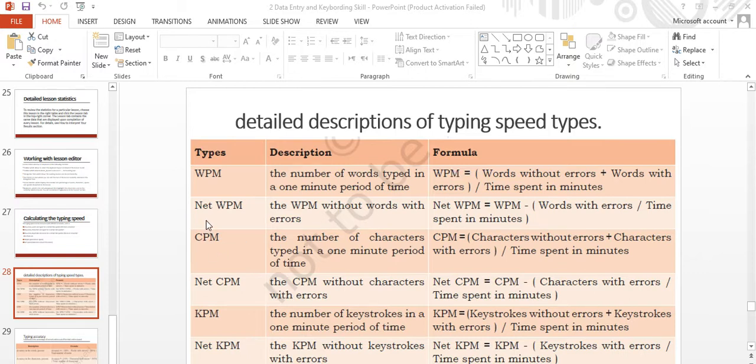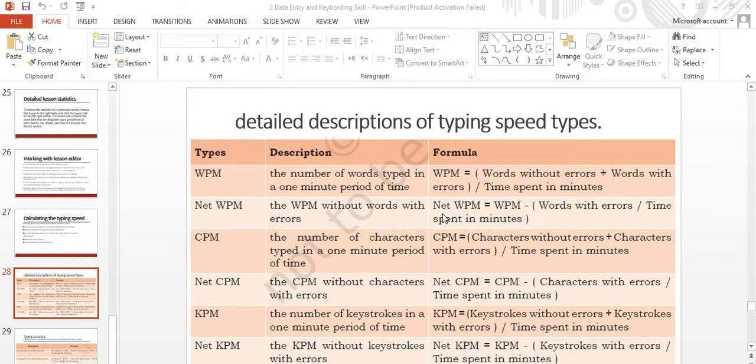Now net WPM is the words per minute without the words with errors. Means there are no words in which we made errors. Without those, we calculate the net WPM. How do we calculate it?